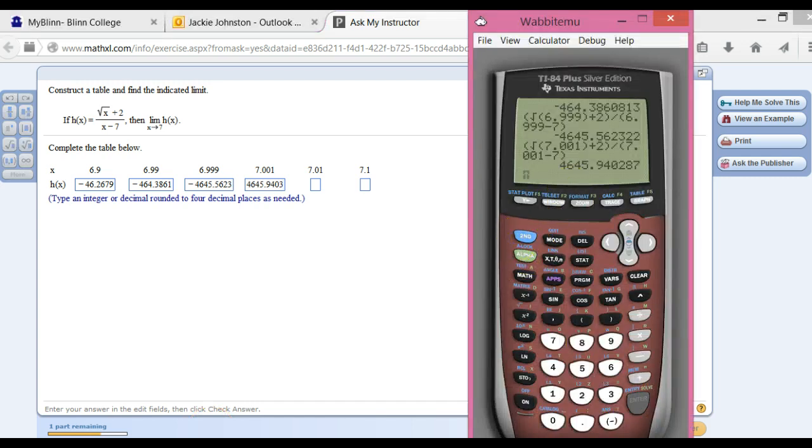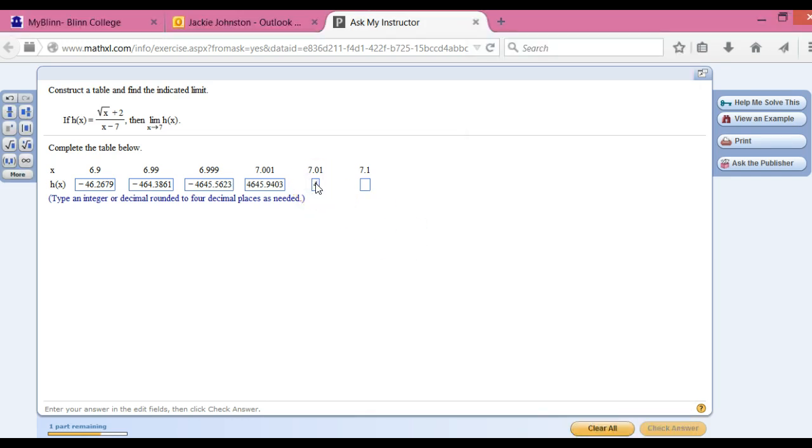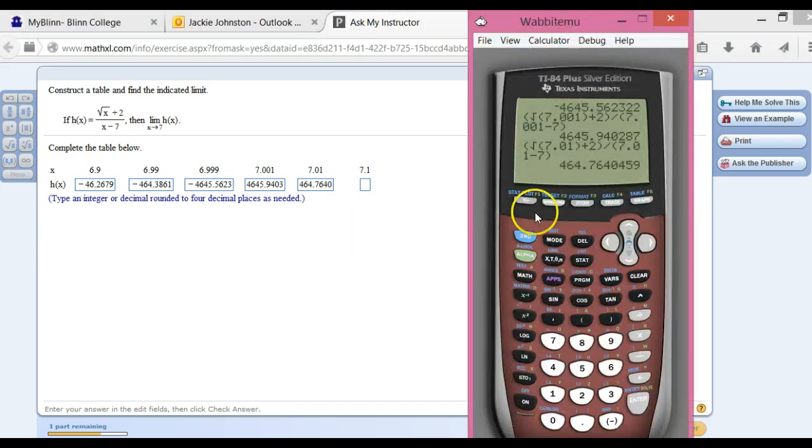Okay, and just two more. Second entry, and this time I'm just going to delete one of my zeros in my 7.001 to 7.01, enter, and I get 46.7640. So 464.7640. And one more. Second entry.